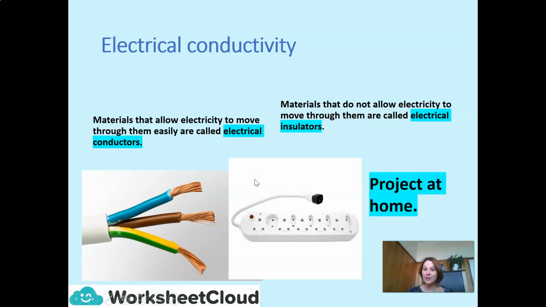A little mini project at home, another one for you. Quite nice to do some practical activities today, grade 7. I want you to ask your mom or your dad how to wire a 3-pin plug. I bet none of you actually know. So that's your research. You're going to open up a plug and you're going to wire the 3-point plug.